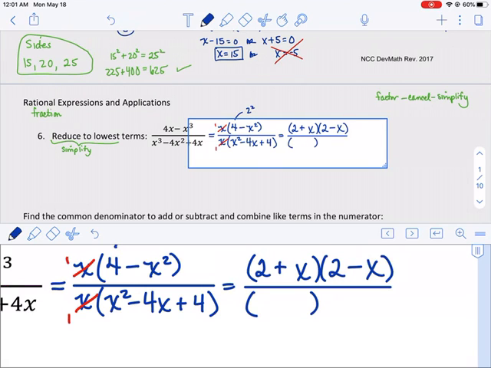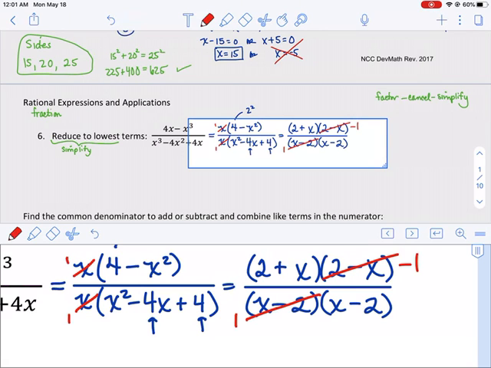And then in the denominator, we have x minus 2 and then another x minus 2 when we factor that. Again, we're looking for the factors of 4 that sum to -4, and that would be minus 2 and minus 2.